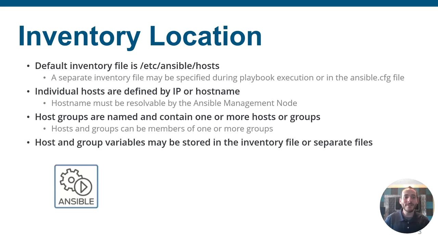Now, you can specify a separate inventory file during your playbook execution, or within your ansible.cfg file, you can specify a different default inventory file. The ansible.cfg file, our main configuration file, is located within the /etc/ansible directory.